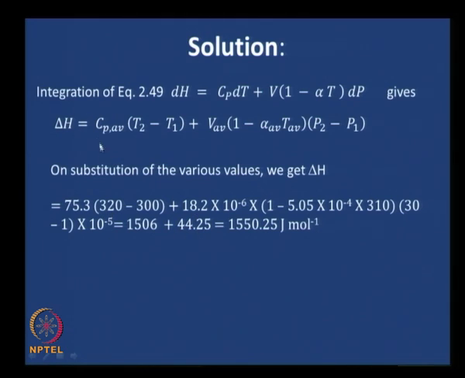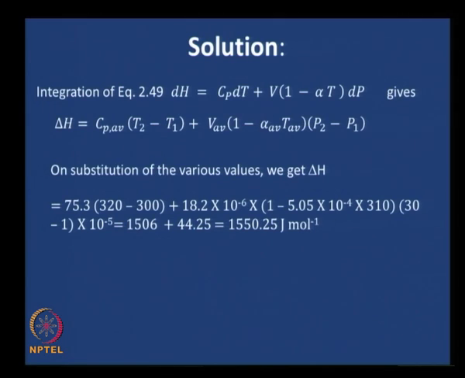It is good to note the relative contributions of these terms. Cp average (T2 minus T1) is 1506, whereas V into 1 minus alpha T (P2 minus P1) is only 44.25. It is good to keep noting these relative contributions to be able to make quick estimates which are also reasonably close to what we require.